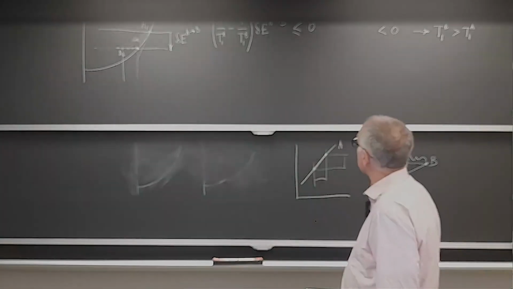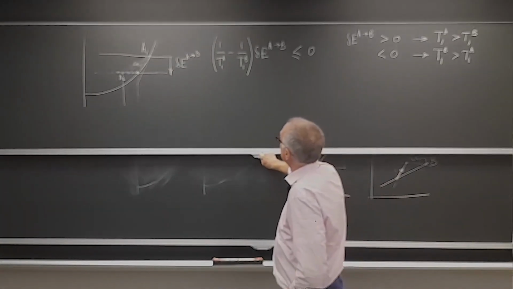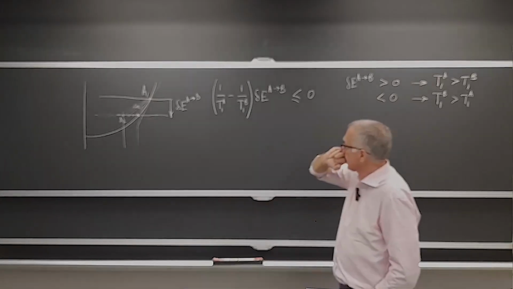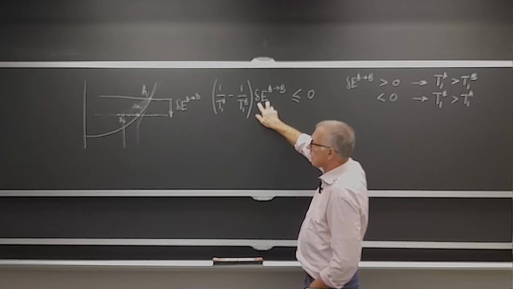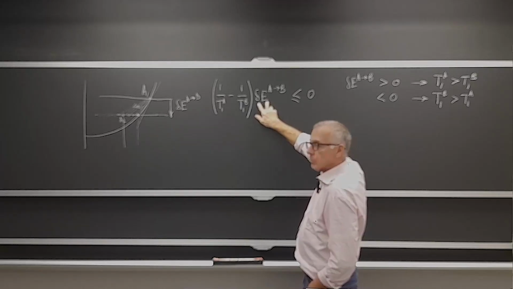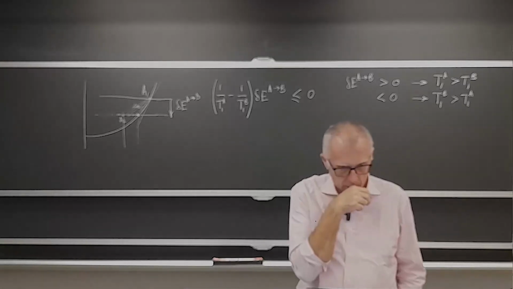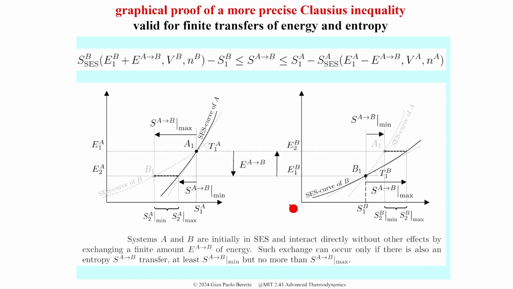And I think there is also an even more complicated one. You see, Clausius' statement, we proved it for infinitesimal amounts of energy transfer. But what about if you want to extract a finite amount of energy?